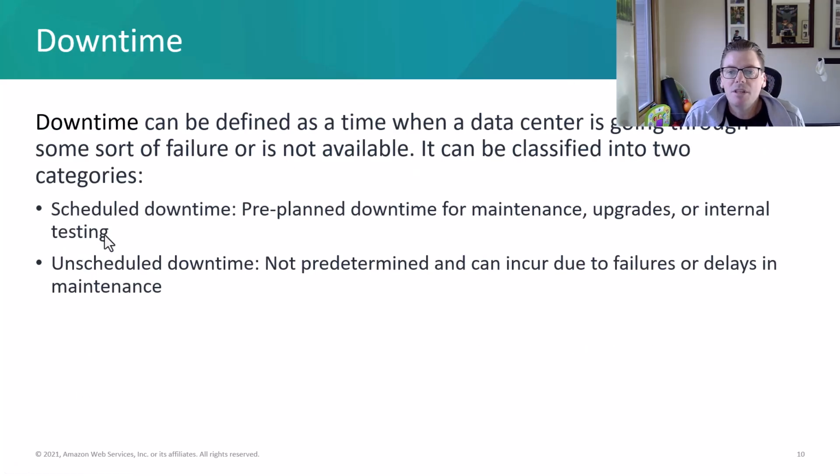That's going to be time when the data center is having some type of failure and the data center is not available. So we can classify those in 2 ways. We can have scheduled downtime or unscheduled downtime. Right? Scheduled downtime is pre-planned downtime for maintenance, upgrades, internal testing, that kind of thing, versus unscheduled downtime.